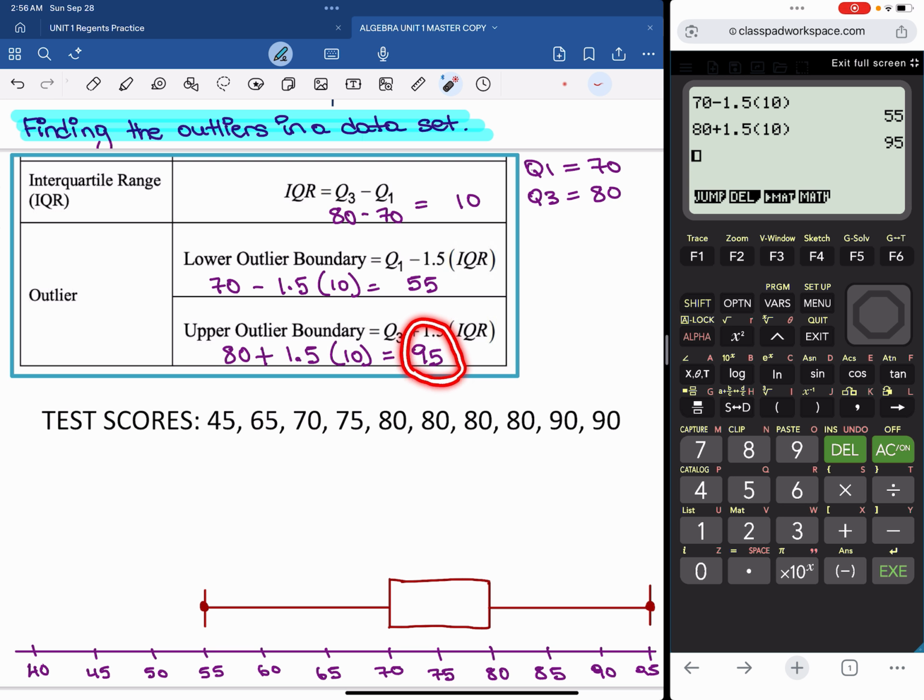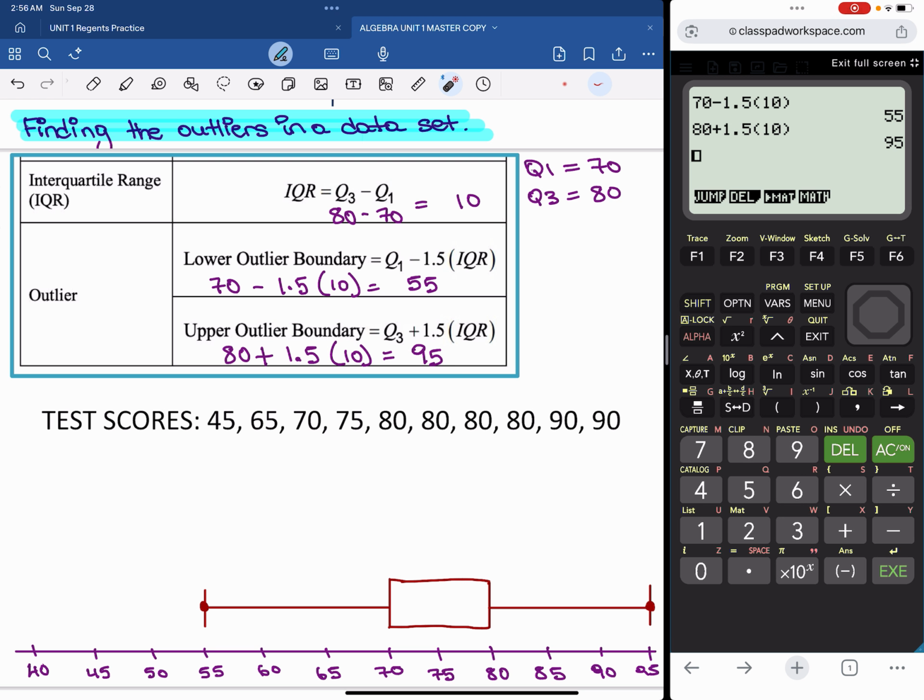So if I want to know if there's any outliers in the data set, I need to look for numbers that are larger than 95. Notice that our data set stops at 90. We don't have any numbers larger than 95 specifically. So we don't have any outliers on the upper side or over the upper fence of our data set.